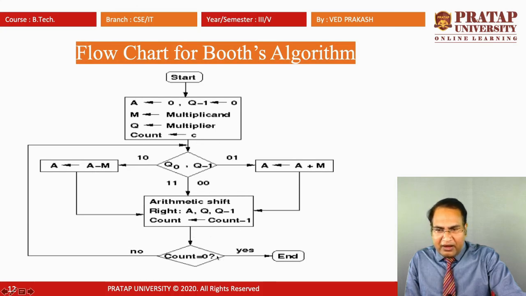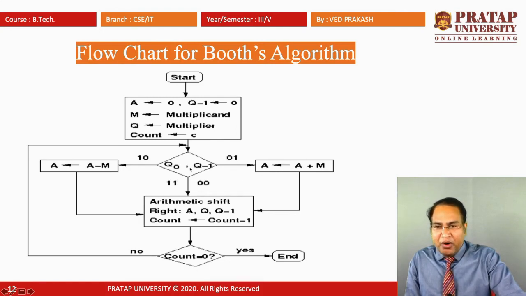If the counter is 0, then we end the process. If the value is not 0, then we repeat the process. Now again, if Q0 and Q1 are 0 1, in this case we perform the addition A plus M, and the same process is repeated here.